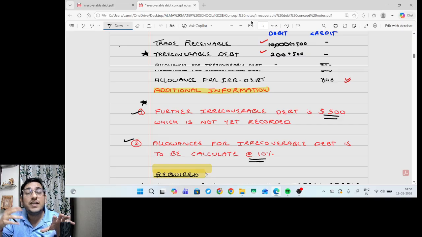That means I have to recalculate on the basis of closing trade receivable, because it is not actual. It is provision based, an estimated calculation. And in accounting, estimating is allowed. You can estimate the future liability, and accordingly recognize either income or loss in the current period. Don't worry, we'll understand with the help of the question.